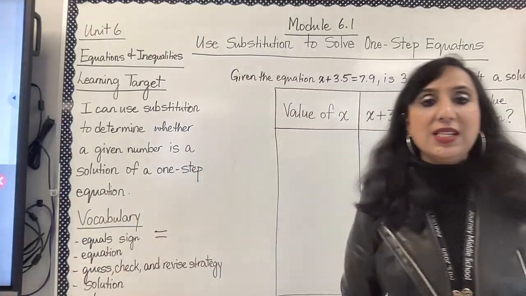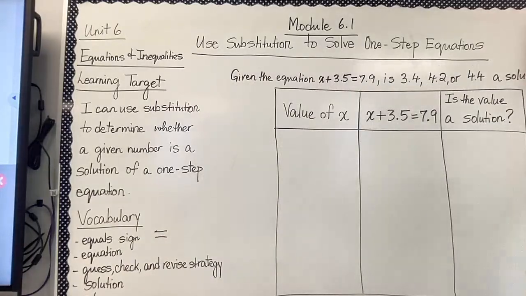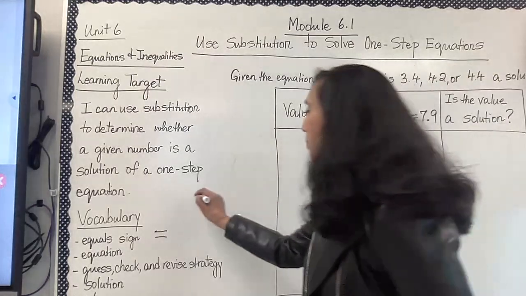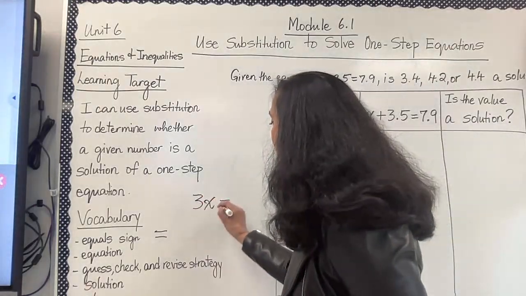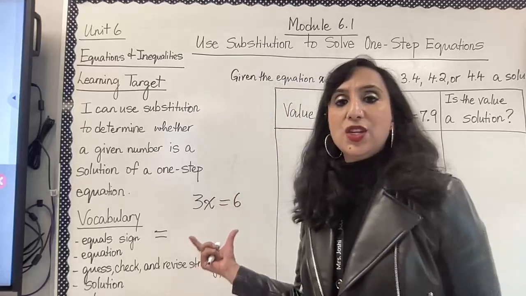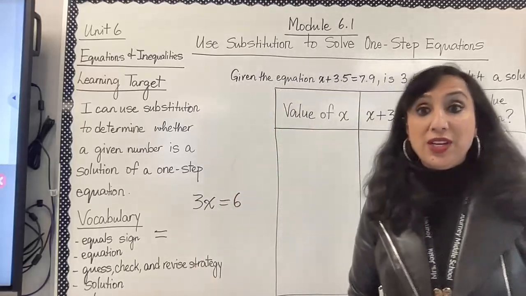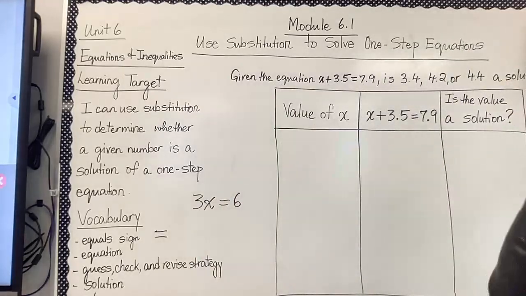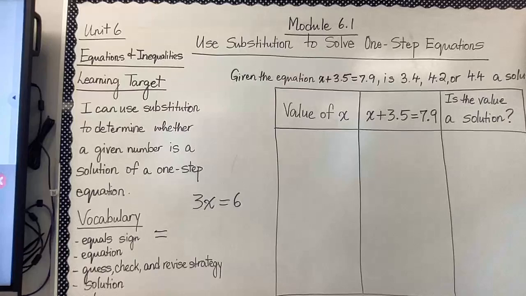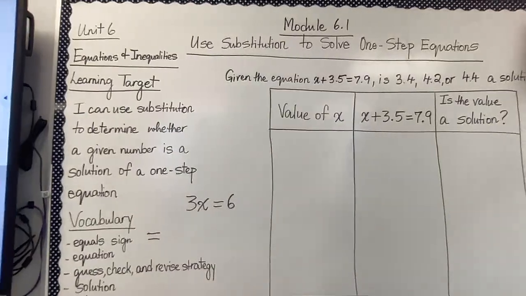And once again, it's a mathematical sentence showing two expressions are equal. For example, if I say 3x is equal to 6, it's showing me that those two expressions are equal. All right, so let's begin with this first problem that I have put on the board for us.